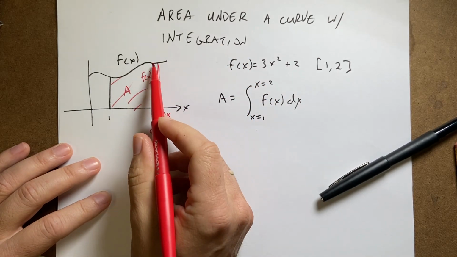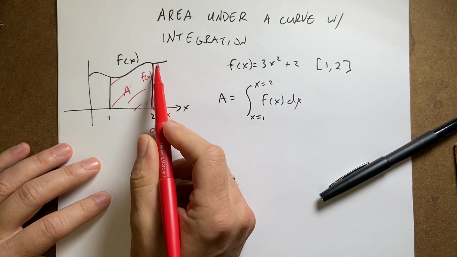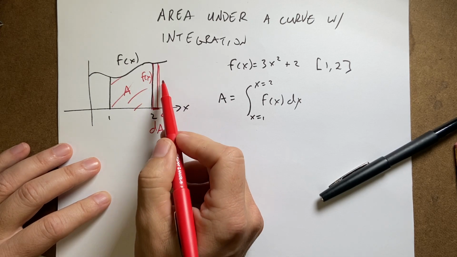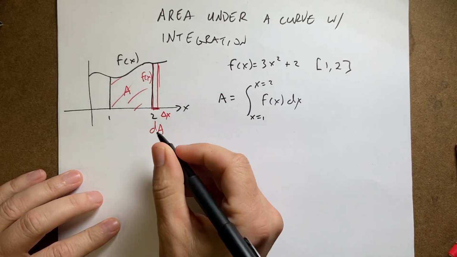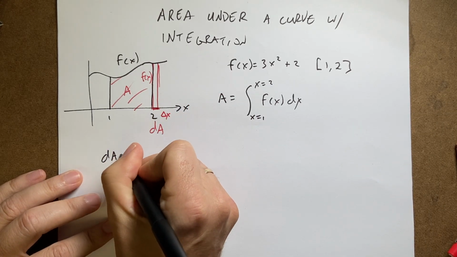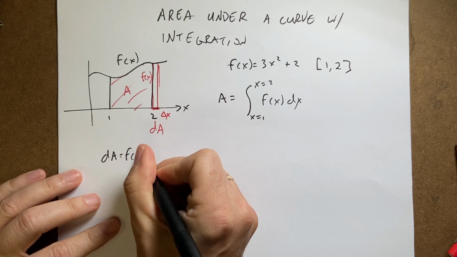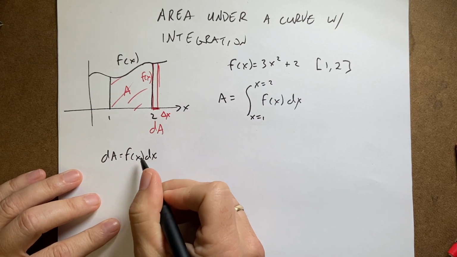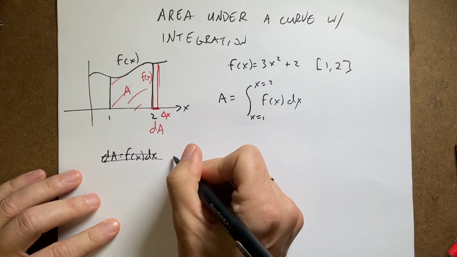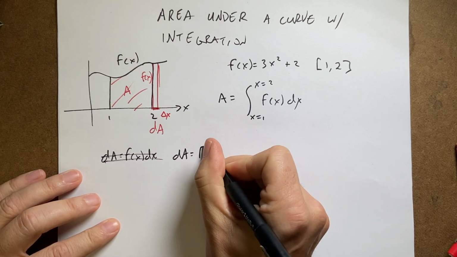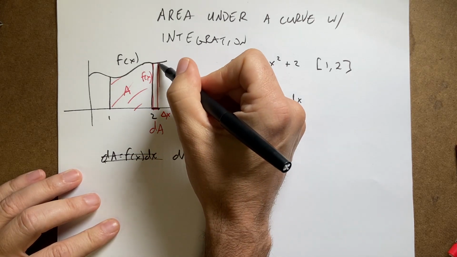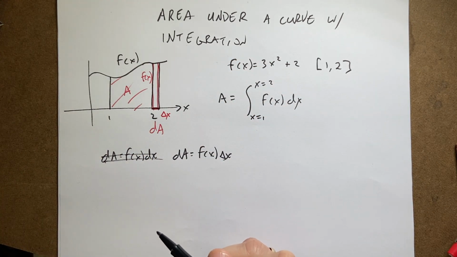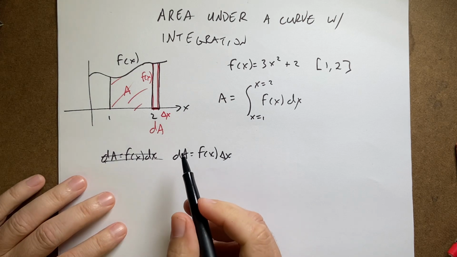So the area of the new piece, and this is a rectangle, it's an approximation, right? The area of the new piece, so dA, is going to be f of x dx. I'm sorry, delta. I called that delta x. dA equals f of x delta x. So that's delta x wide and f of x tall. That's how much area I added.